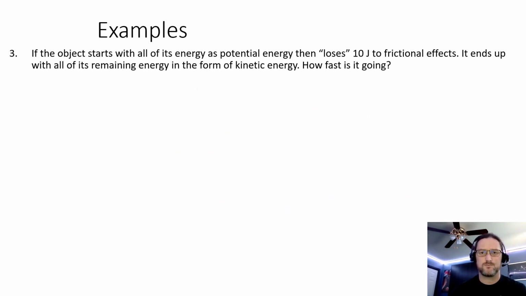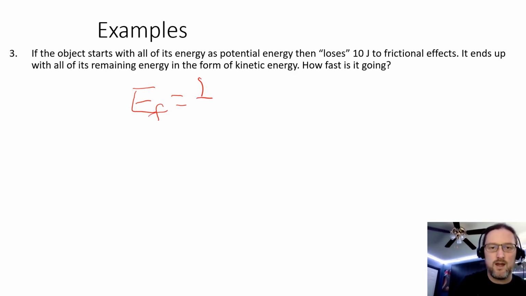So the last one: if the object started with all of its energy as potential energy, it loses that 10 to those frictional effects. It ends up with all of its remaining energy in the form of kinetic energy. That means that E final equals 1/2 mv squared, right?